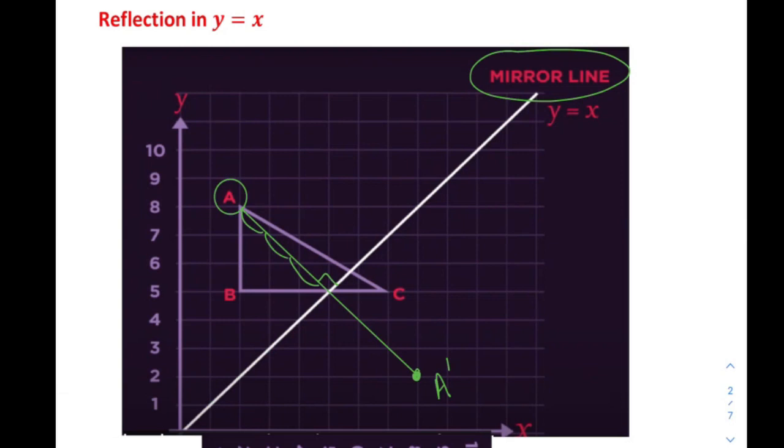Let's apply the same rule for C. We will go along the perpendicular segment here, and we will count 1 unit approximately. Okay, and this will be somewhere here. You have to be careful. It should be perpendicular. As you see, it's not that easy.